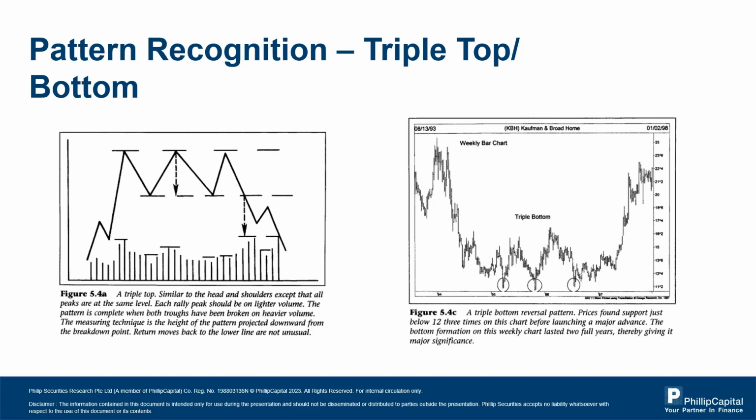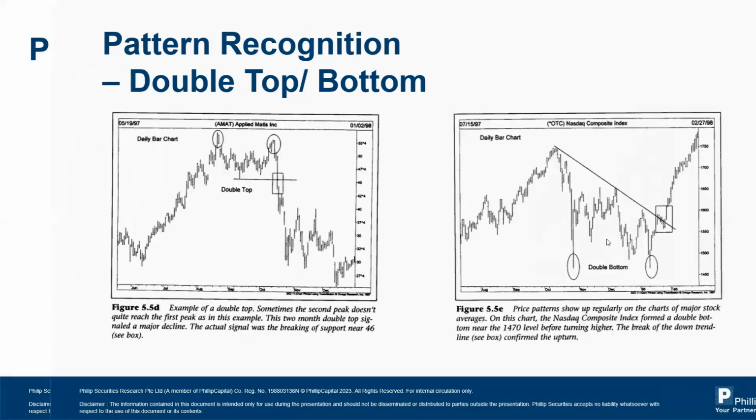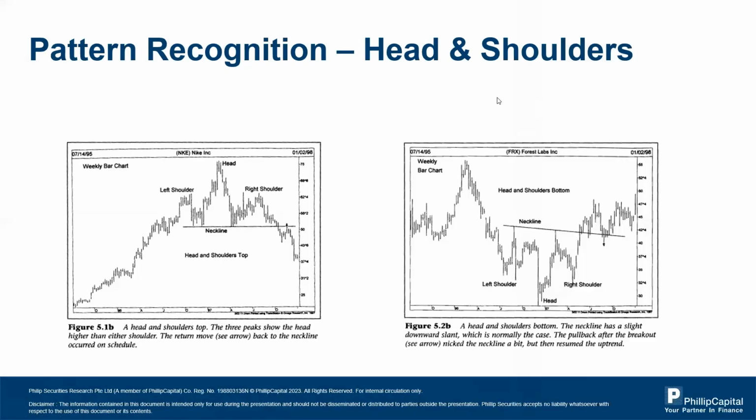So once again, Jane, I think pattern-wise, if you look at the 5.1B figure, if we go back a bit more, the head and shoulder part, you see, to you it may seem like an uptrend, but on the right shoulder, what if I think it's a downtrend? Then it's no longer an uptrend.